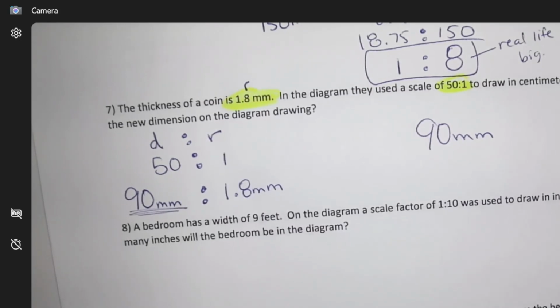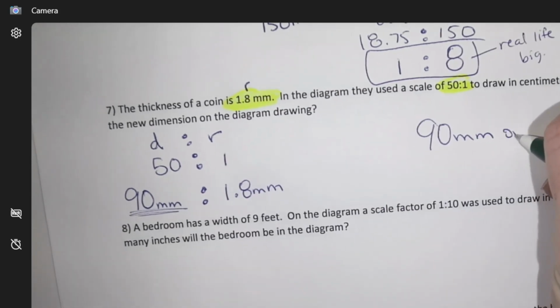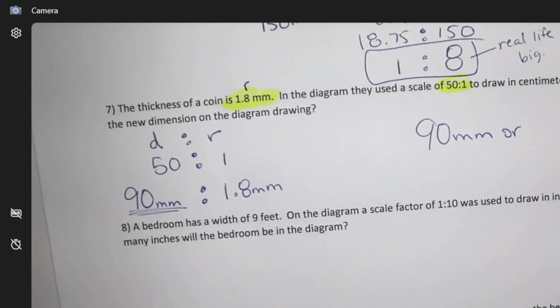So your diagram, you're going to sketch out, you're going to use 90 millimeters, or is there another way you could write 90 millimeters? And maybe in centimeters as well? What would you write it as centimeters? Just 9.